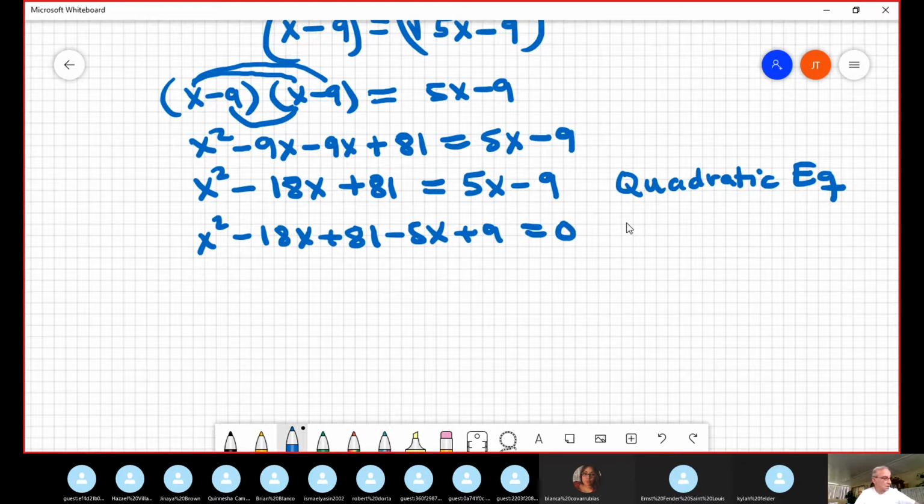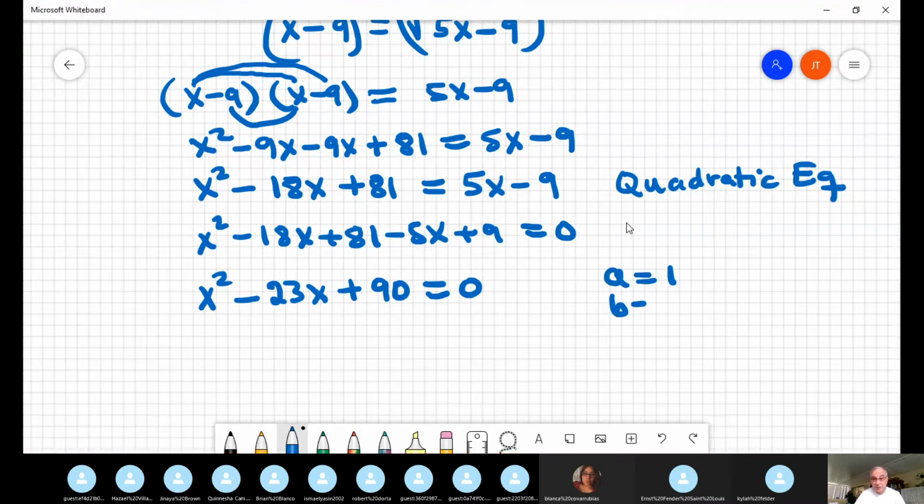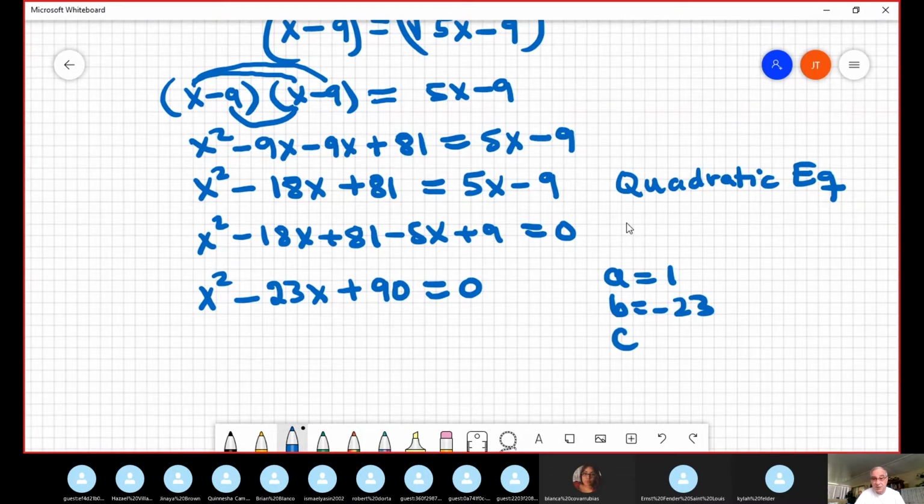So this is x squared minus 23x, 18 plus 5, and 81 plus 9, it's 90. Something like that. It's my equation. Okay, ready? A is 1. B is negative 23. C is 90.